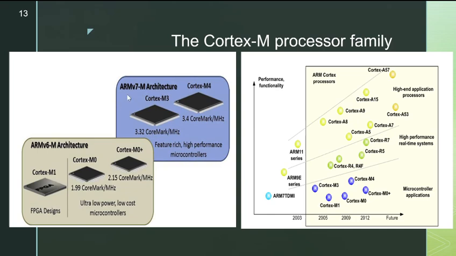In ARM v7-M architecture, Cortex M3 and M4, the core is 3.32 CoreMark per megahertz and 3.4 CoreMark per megahertz. It is a processor for rich, high performance microcontroller products.